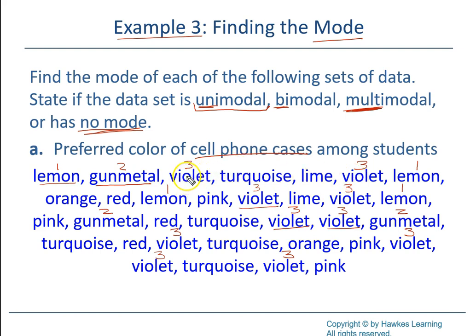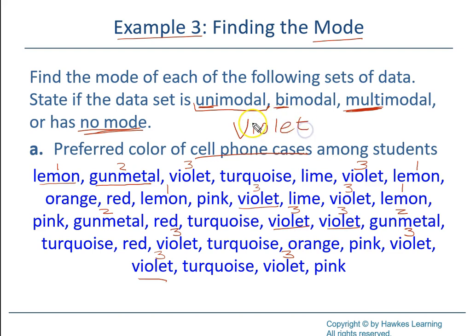But as I got to the violets and I was placing a 3, I have 1, 2, 3, 4, 5, 6, 7, 8, 9. So that's the most you're going to have of any, as I scanned the rest of them. So the mode of this set of data would be the violet.